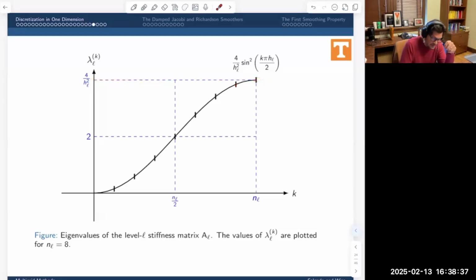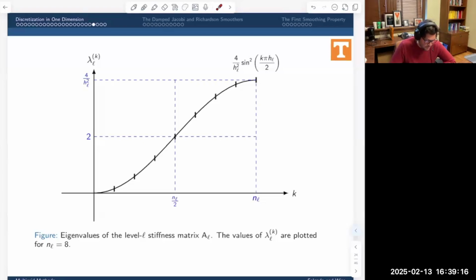Whereas in the standard finite difference case, the last eigenvalue was always below it. It got asymptotically close to 4 over HL squared, going closer and closer as HL gets smaller and smaller, or NL gets larger and larger, however you want to look at it. Here, the last eigenvalue actually hits this upper limit exactly. So that didn't happen in the standard finite difference case. It does happen in the cell-centered finite difference case.